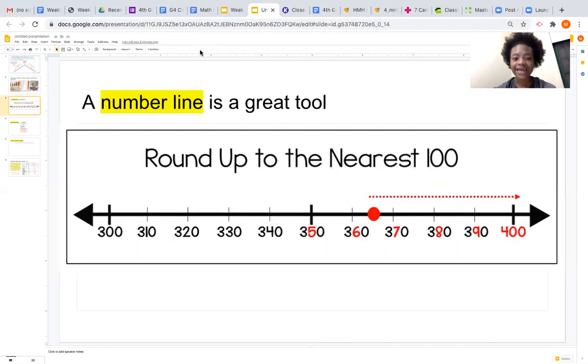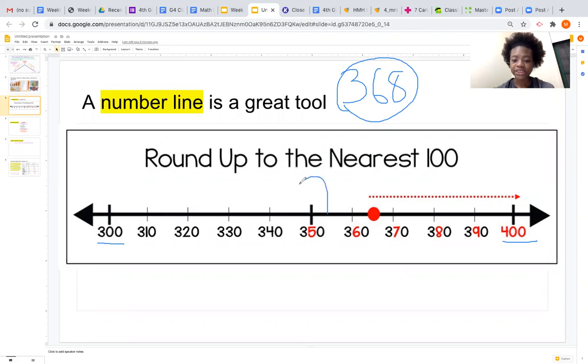So if I had a number like 368, for example, this number line would be the perfect one to start with, because 368 falls in between 300 and 400.